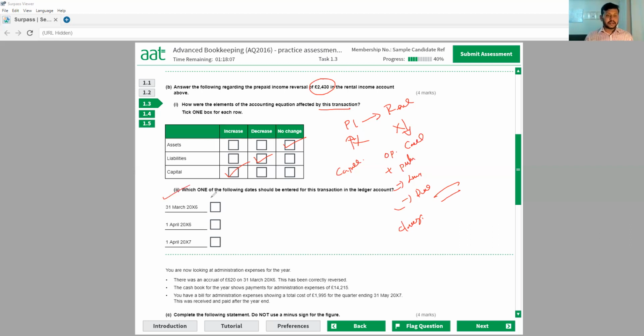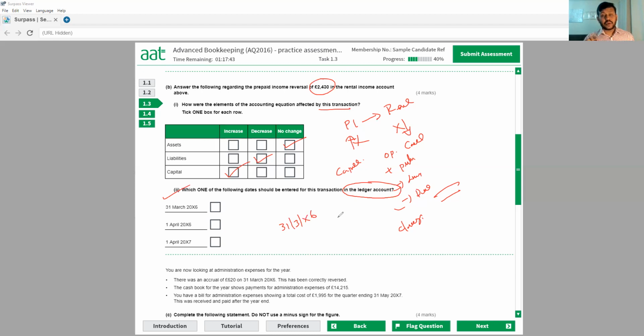The next one is saying, which one of the following dates should be entered for the transaction in the ledger account? As I said, the reversal date will be the first day of the next year. So this comes from the last year. That means last year ended 31st of March 2016.